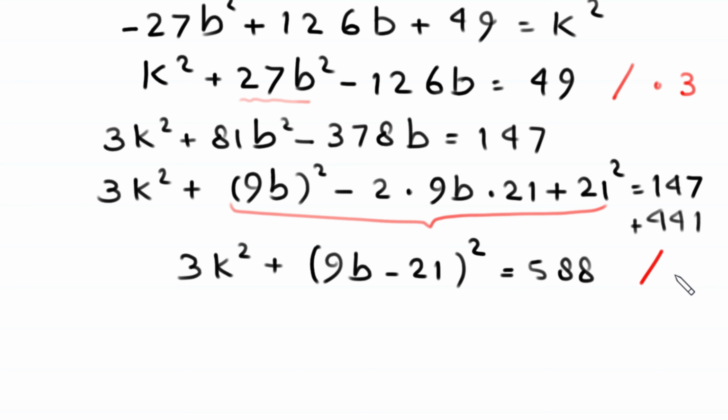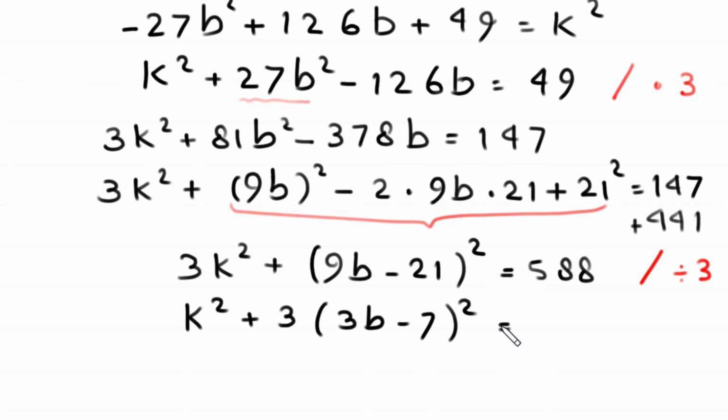Now if we divide the whole equation by 3, this will become k squared plus 3 times b minus 7 whole squared equal to 196.